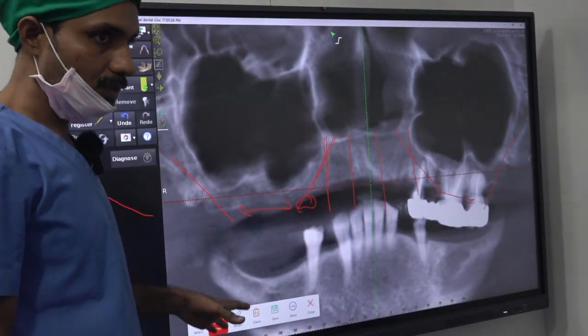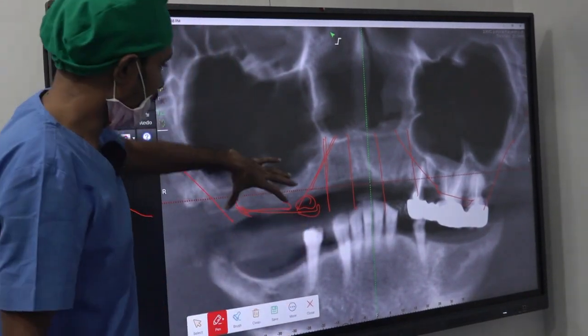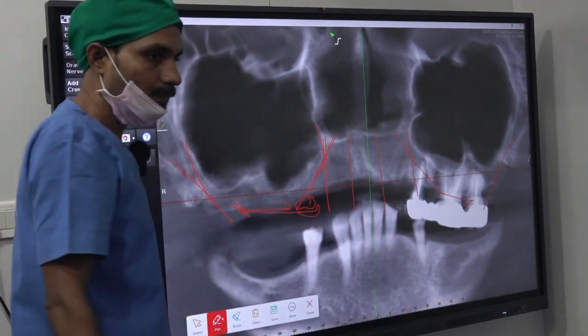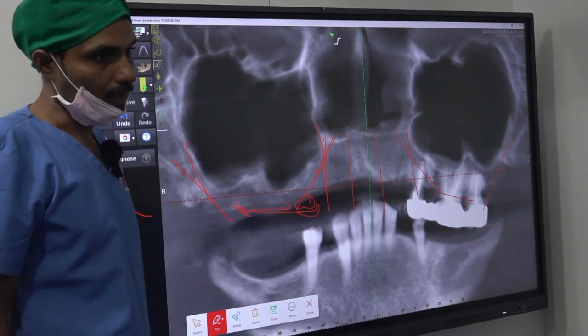In this kind of challenging situation, the problem is mainly that the inter-implant distance is more, because the sinus is expanded till here and till here, and you can place only an implant here and an implant here. The more the inter-implant distance, the more the risk of failure.